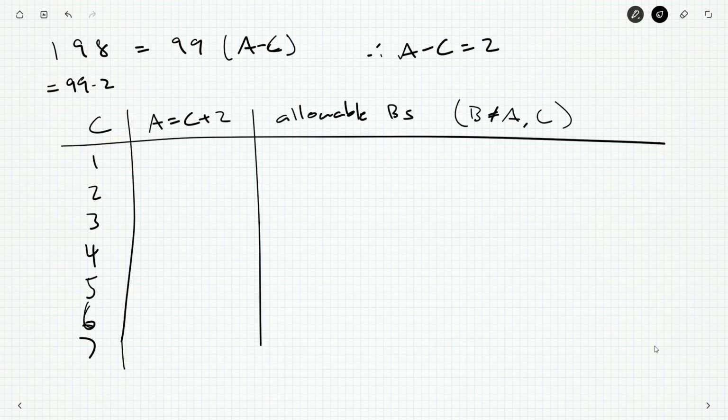So as soon as I pick a C, now I can get A is 3. So B can be anything but 1 or 3. So it could be 2, 4, 5, 6, or 7. It can't be 8 or 9.